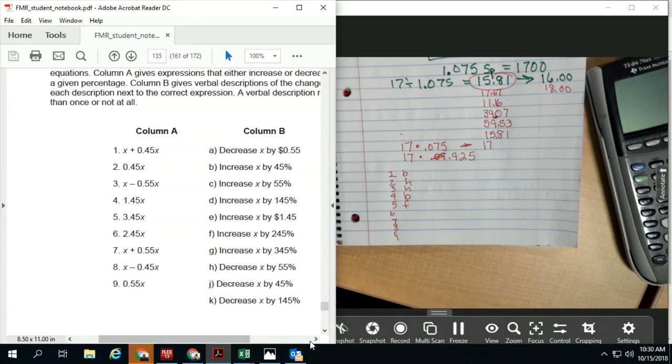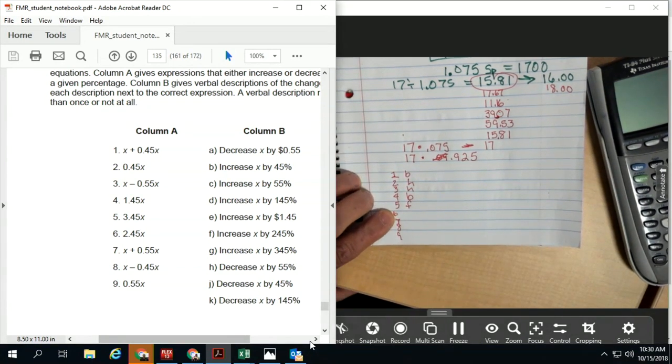But notice it says increase by 345 for G. So what would be the correct way to write G in English? 4.45. Everybody agree?